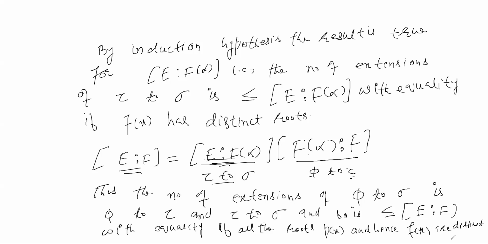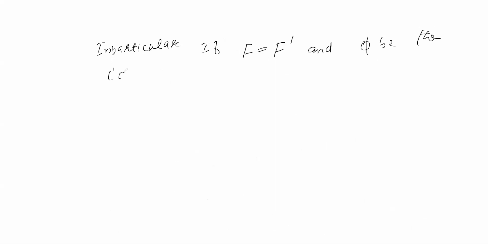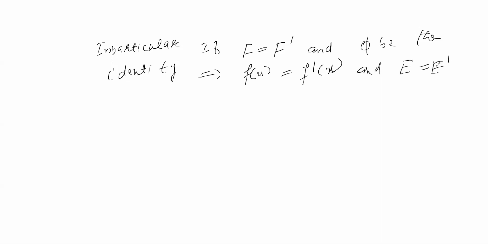So as a particular case, in particular, if I take F equal to F dash and phi be the identity, then actually I am getting the automorphisms which fix F. Phi be the identity means that the polynomials f(x) and f dash(x) are the same, and E and E dash are also the same.